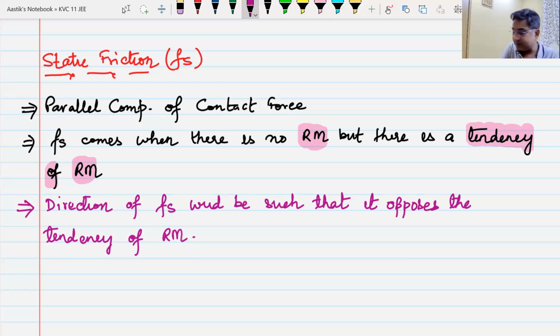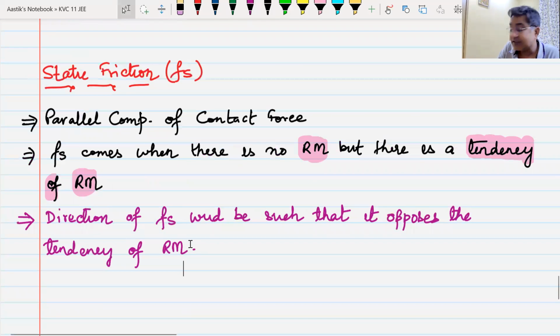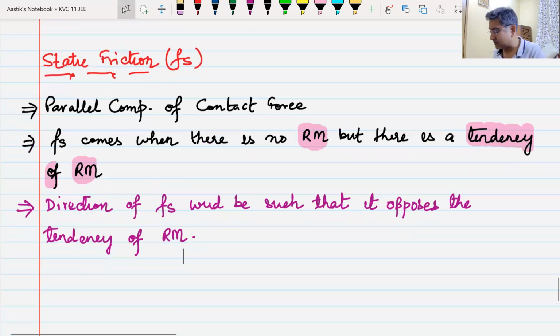It understands that there is no relative motion, but it also understands that this body is trying to move. This body is acting smart. It wants to move. I will not allow it to move. Therefore, I call static friction smart friction.